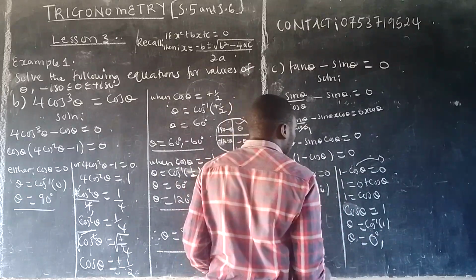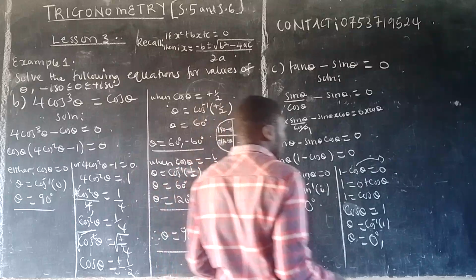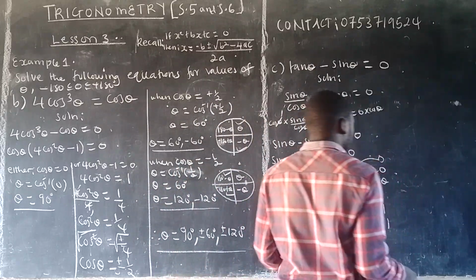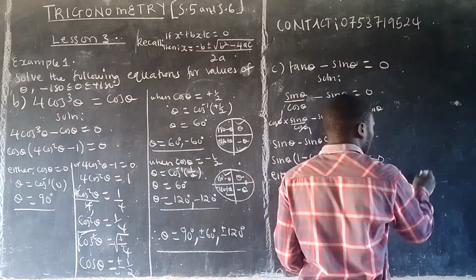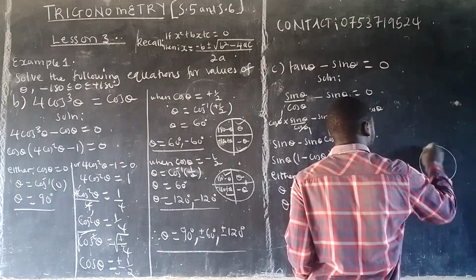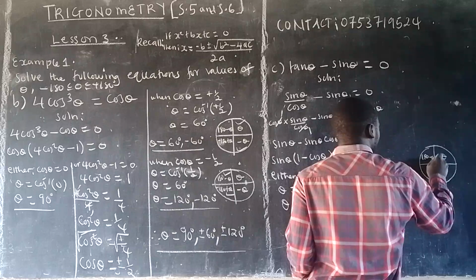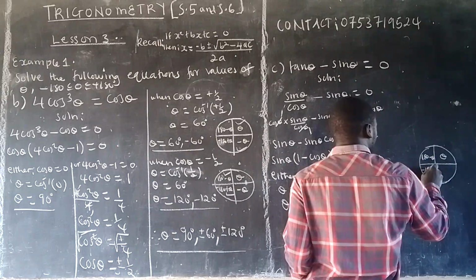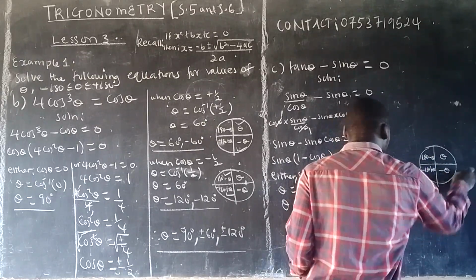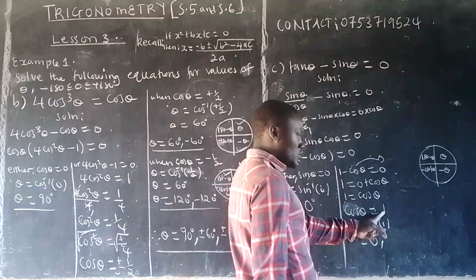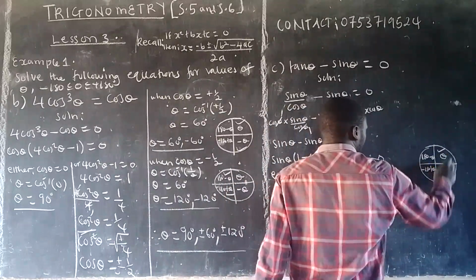Now, let's go and respect the range. This will be theta, 180 minus theta, negative 180 plus theta, negative theta. Here we have a positive 1. Cos is positive here and there.